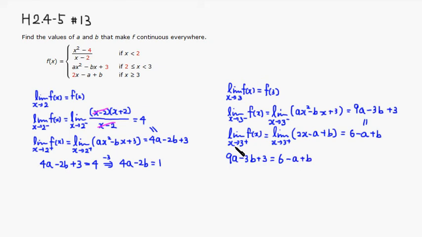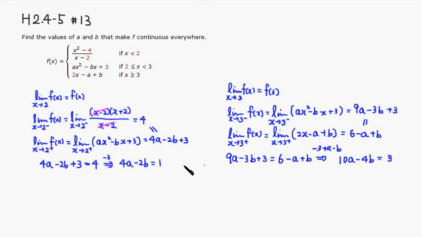Right, so let's put all the a's and b's on the left and the numbers on the right. We can subtract 3, then add a, subtract b. Right, that way you're going to have 10a minus 4b is equal to 6 minus 3, so it's going to be 3.